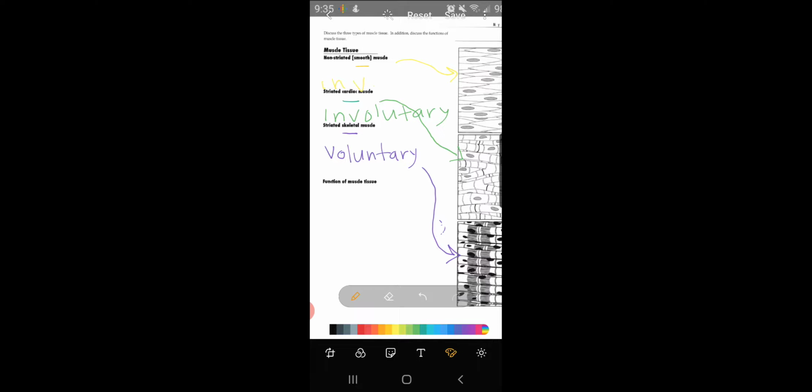Like, for example, your bicep, it moves in a purposeful direction to lift your arm, but your stomach muscles, they need to contract in many different ways to move the food around, to digest the food, and then to send it through the intestines. Intestines also need to contract in different ways to move it along.